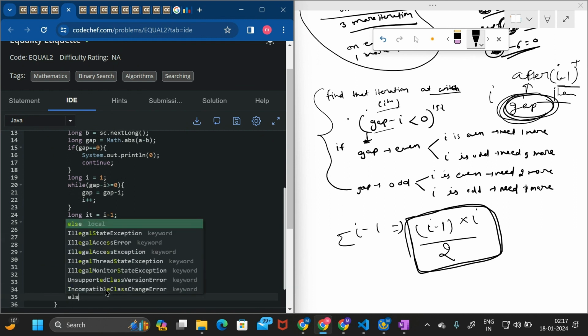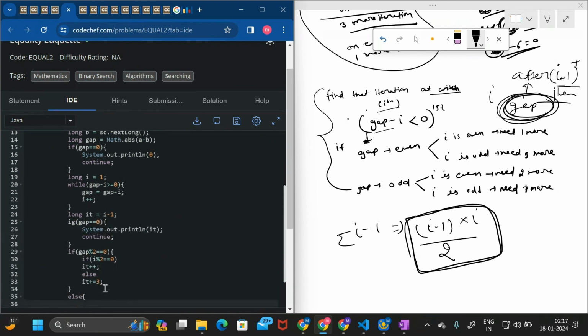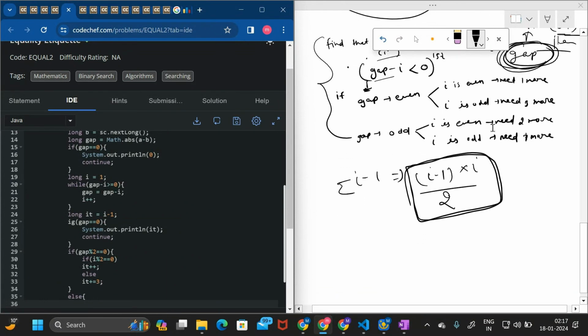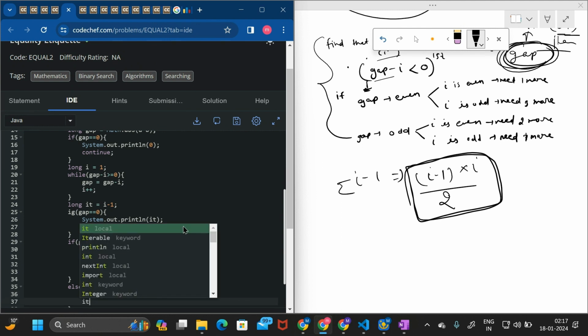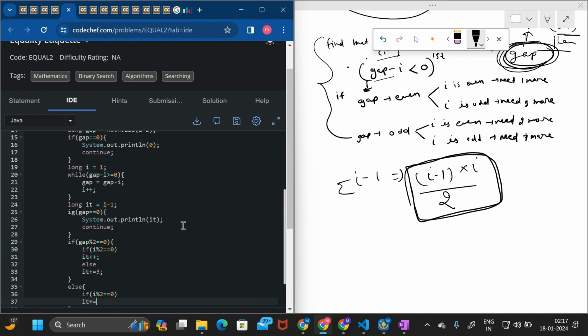Okay, after that, if our gap is odd, then if I is even, we need 2 more. If I is odd, we need 1 more. So if I is even, then we need 2 more, plus equal to 2.